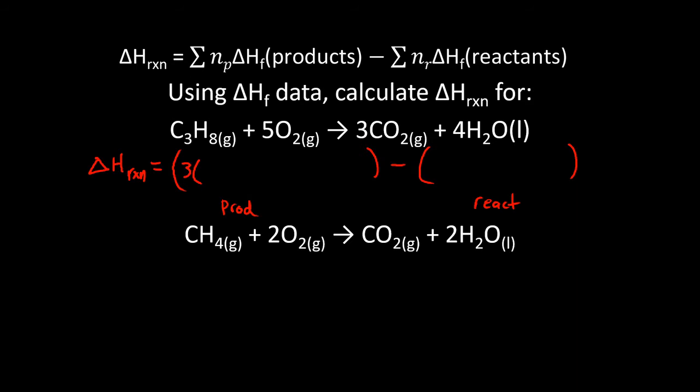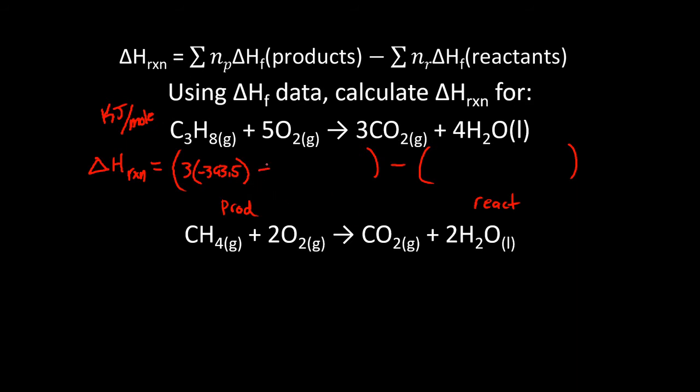If I look at my table and find CO2 in the gas phase, there it is: negative 393.5. I'm going to leave it unitless, but everything here is in kilojoules per mole. That mole unit goes away because what we're multiplying with the coefficient is the number of moles reacting.